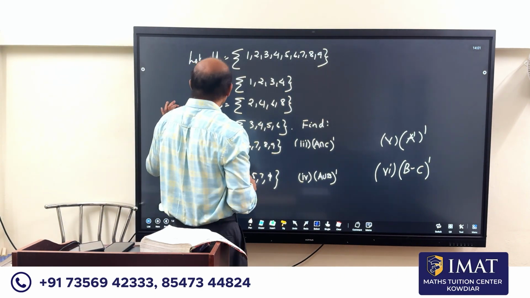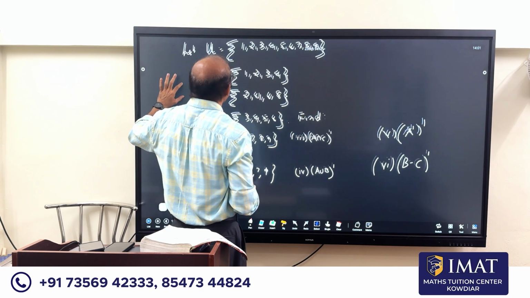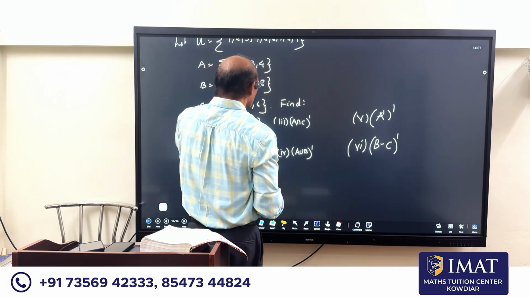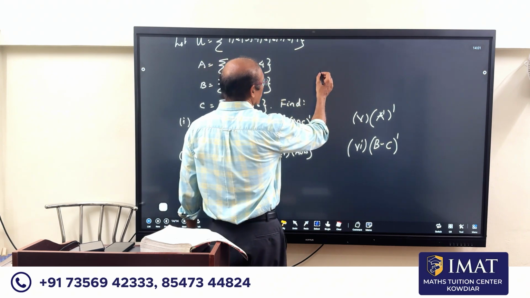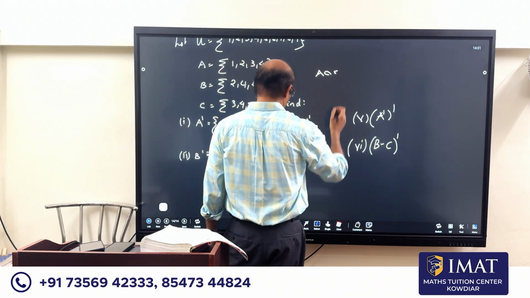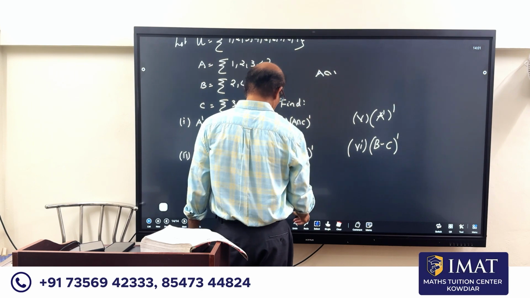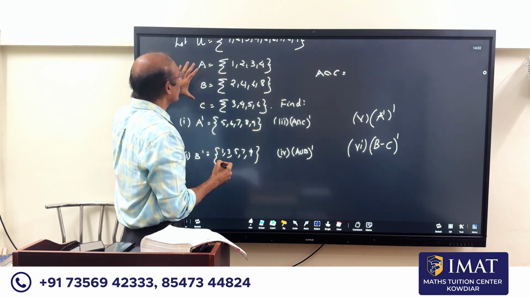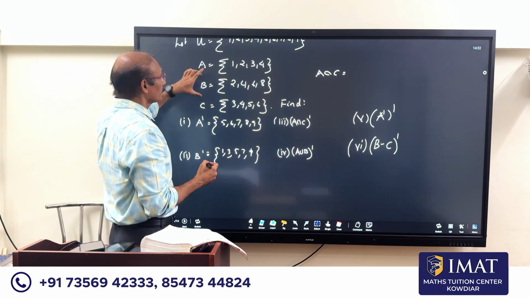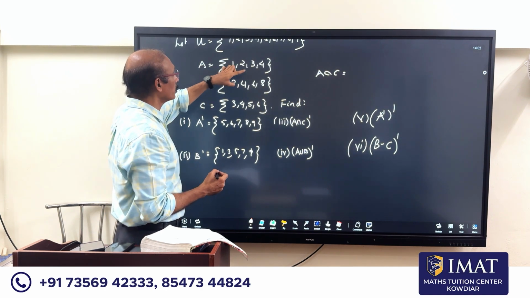Now what about A intersection C, the whole complement? First you find out A intersection C and then you take the complement of it. Let us find out what is A intersection C. A intersection C means the elements which are common to A and C. So 3, 4.